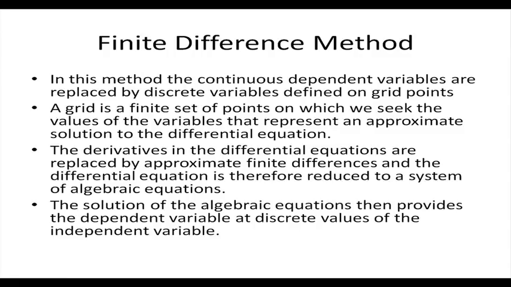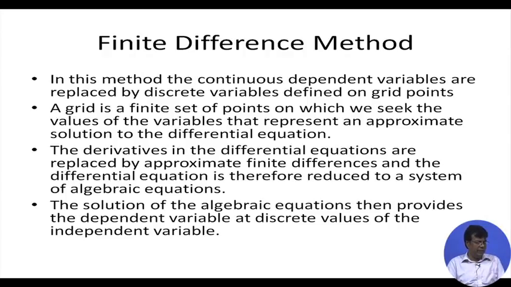In this method, the continuous dependent variables are replaced by discrete variables defined on grid points. A grid is a finite set of points on which we seek the values of the variables that represent an approximate solution to the differential equation. The derivatives in the differential equations are replaced by approximate finite differences, and the differential equation is therefore reduced to a system of algebraic equations. That is the most important thing.